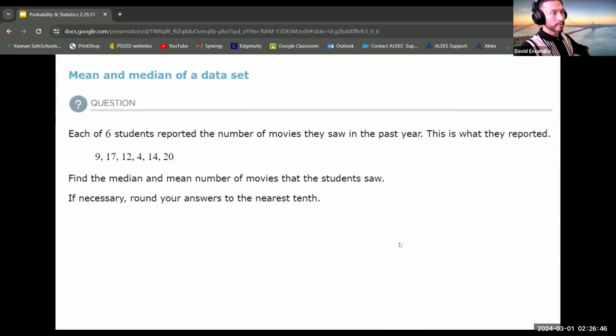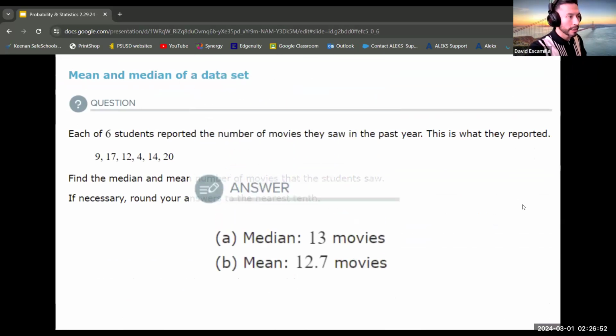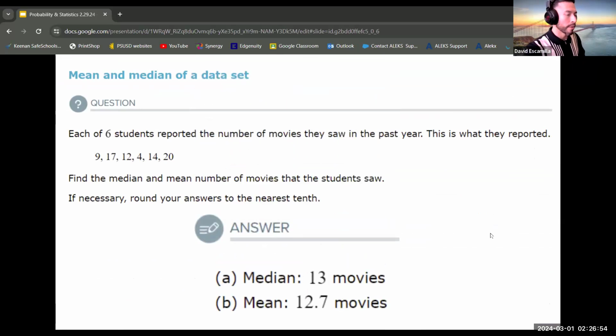So here's the problem. Originally, we went over every single word in this problem, and here's the answer that we came up with. Remember, you do these calculations on your own, and then you go into the window and make sure that you enter the answer.